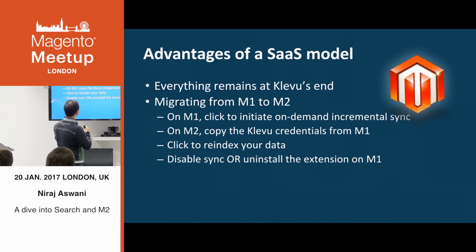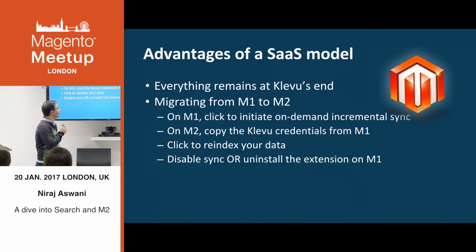The process looks like this. On M1, you initiate the on-demand synchronization just to make sure that if you have deleted any products, those are being taken care of. On M2, you can copy the credentials of your account. You click on the reindexing button, and all the data is reindexed one more time, and that's it.